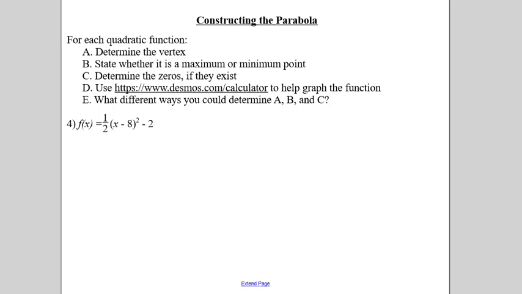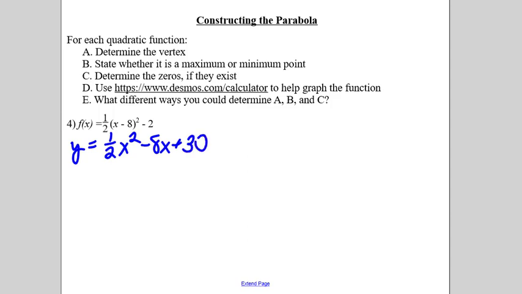Now let's find the zeros for this equation. So we know that the quadratic function was y equals 1/2 x squared minus 8x plus 30.